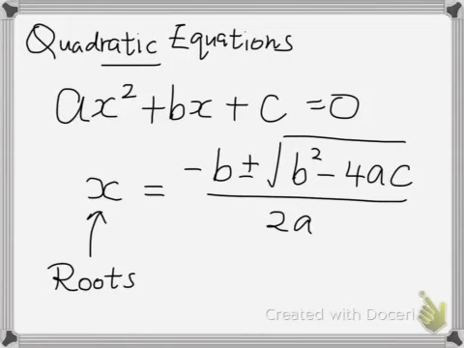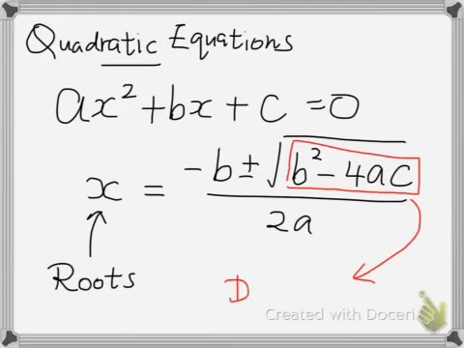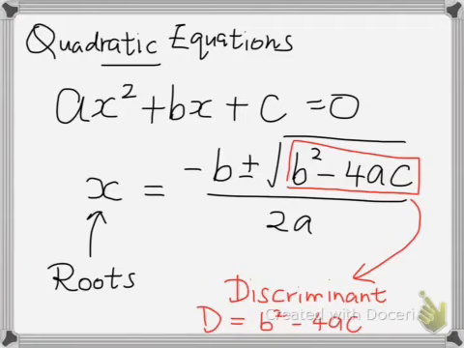Now today, what we want to look at is this part here. We're going to give it a name: the discriminant. Sometimes it's just capital D, and it's b squared minus 4ac.